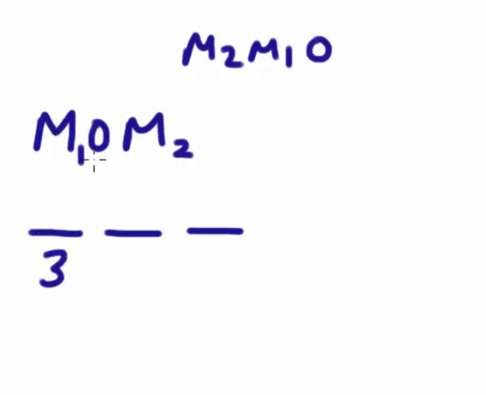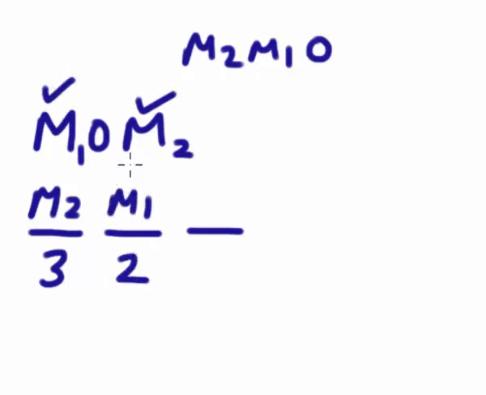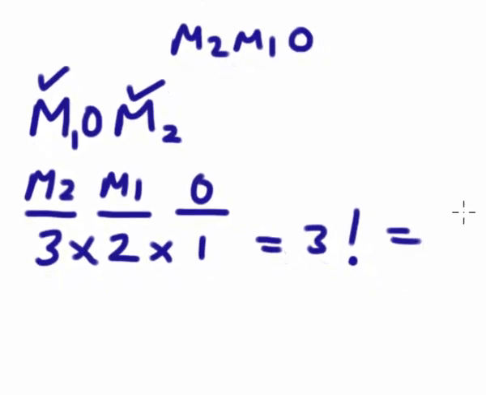We could have chosen M1, O, or M2. So let's say we put M2 in there. Now we're down to 2 possible letters, so we might pick M1 there. And then we're down to 1, which would be O. So in how many ways can we do that? It's 3 factorial, which is 6 ways.